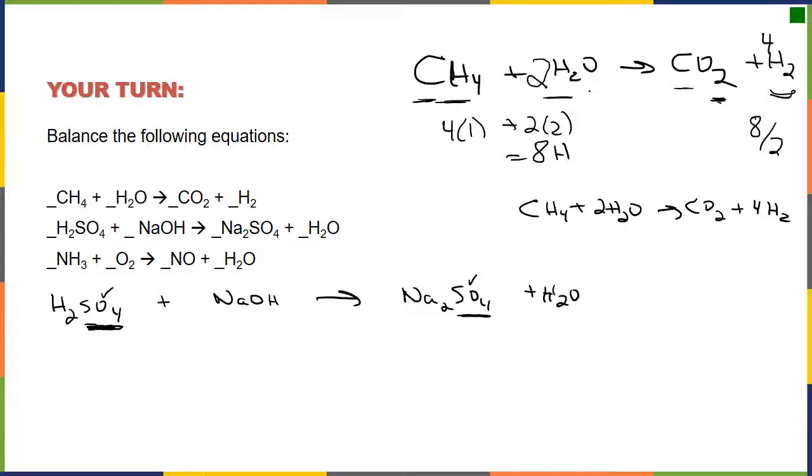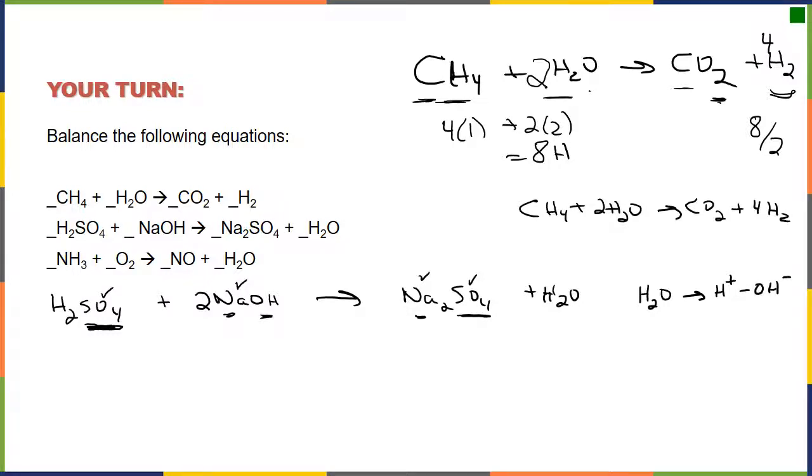If we take a look at sodiums, we have 2 here and 1 here. We're going to put a 2 on our sodium, and our sodiums and our sulfates are balanced. This is going to leave us now with H's and OHs. Let you know that water, and a really good and easy way to think of water, is to realize that it is a combination of an H plus attached to an OH minus.